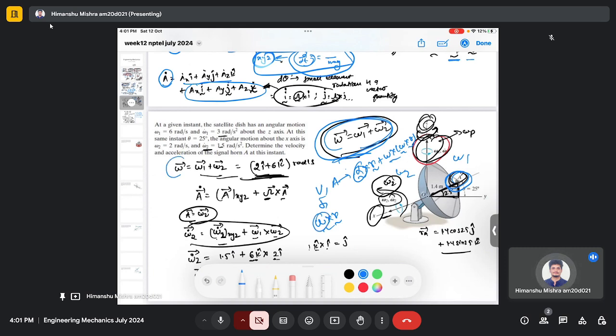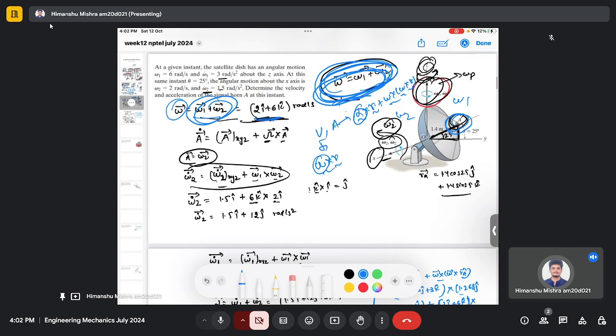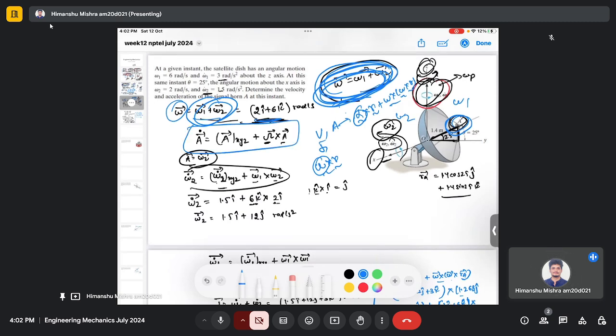The resultant angular velocity we got by using this formula, omega 1 plus omega 2, which is given by this. Then to calculate the angular acceleration, we use this equation where we define the rate of change of some vector A in terms of the rate of change of vector A in the moving frame as well as the movement of this frame, which is omega.